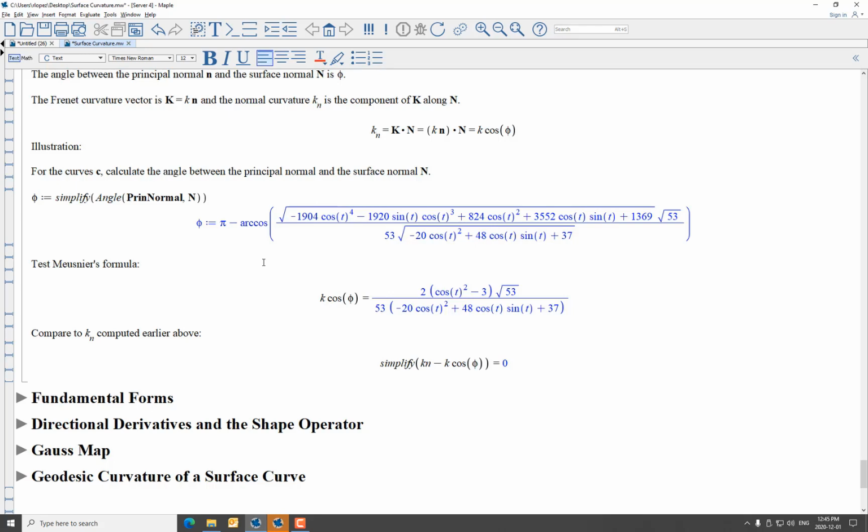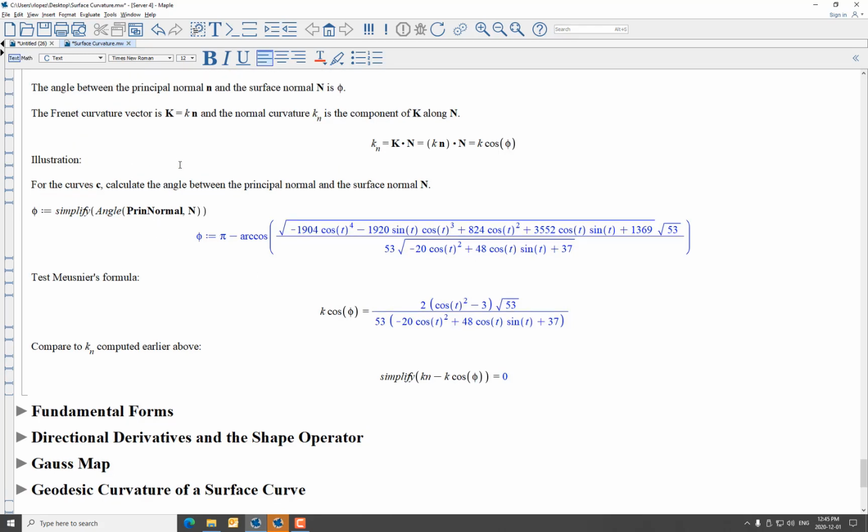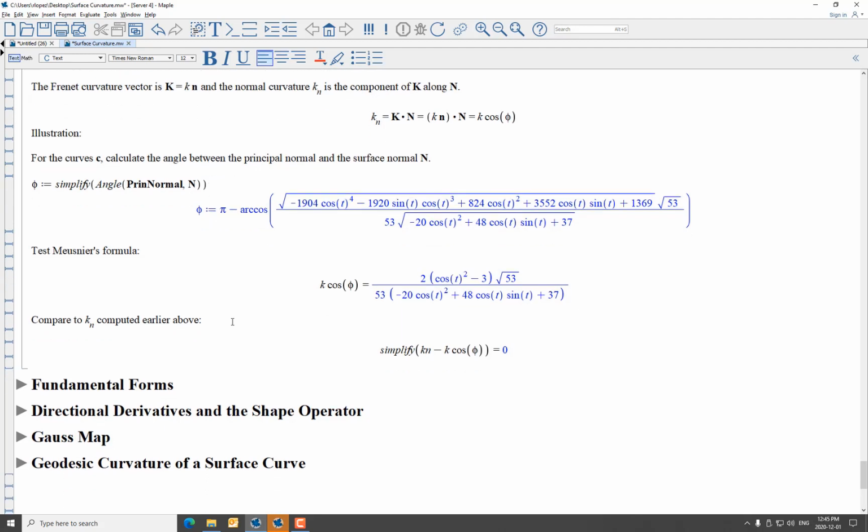I take K, which is the value of the Frenet curvature, times the cosine of this angle, and I get this expression. Looks familiar. I compare it to the earlier Kn that I computed. The difference is 0.